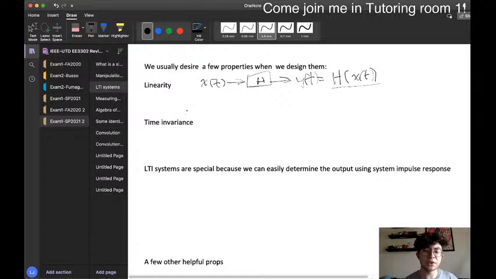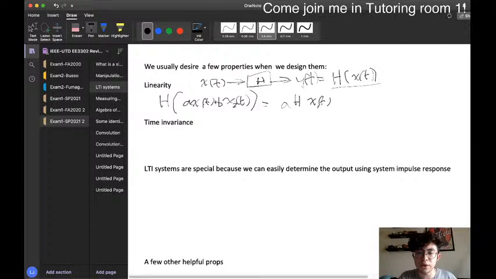If we have two signals, x1 and x2, and they could even be scaled, so a and b, and then we pass it through h, this should give us a scaled version of the output of these two individual functions: a times h of x1 plus b times h of x2. So yes, this is the definition of linearity.